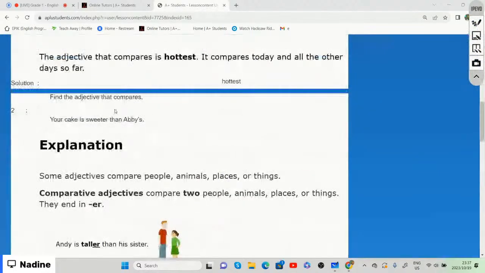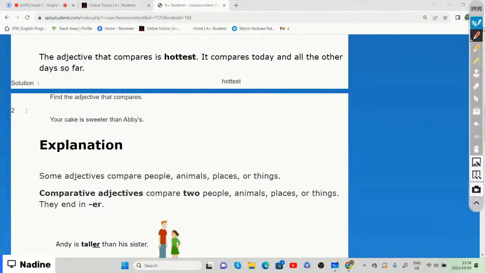Your cake is sweeter than Abby's. What is the adjective that compares in that sentence? If we identify the adjective that compares, we can say it is sweeter.